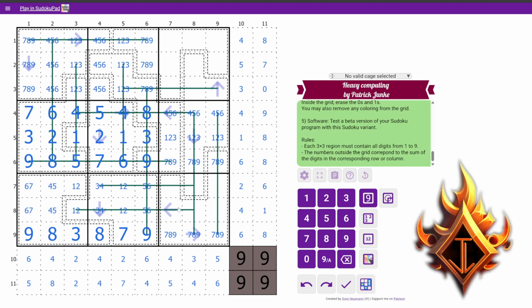And now, if this was minimum, 1, 2, 3 is 6.